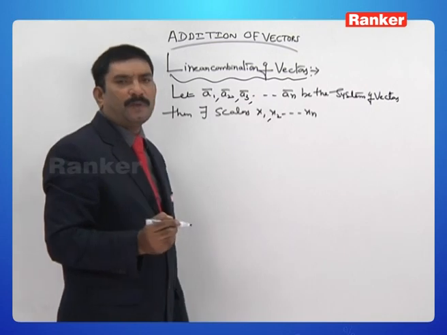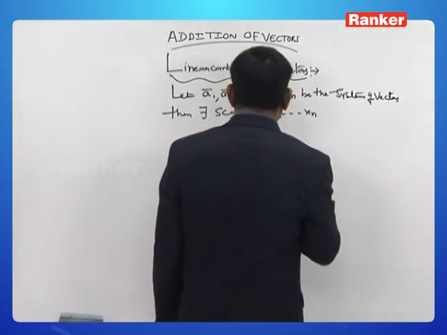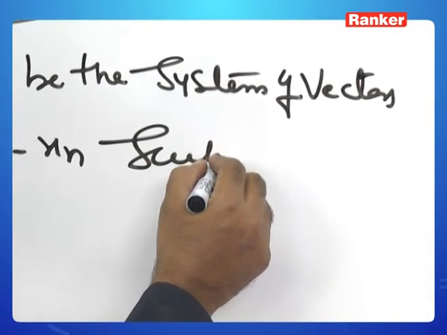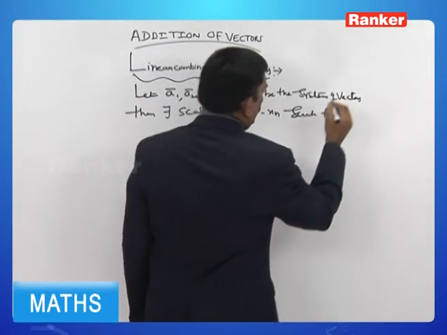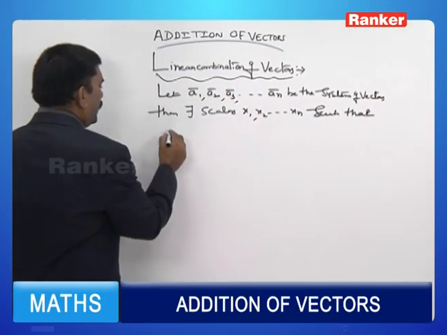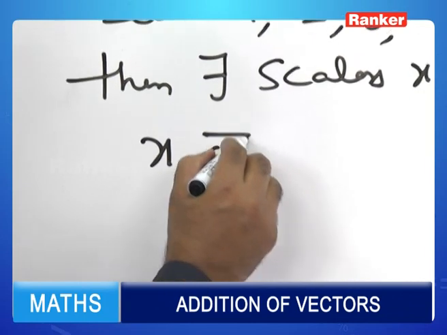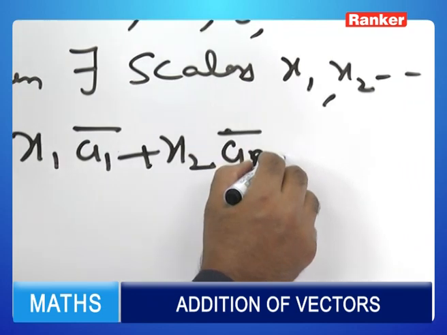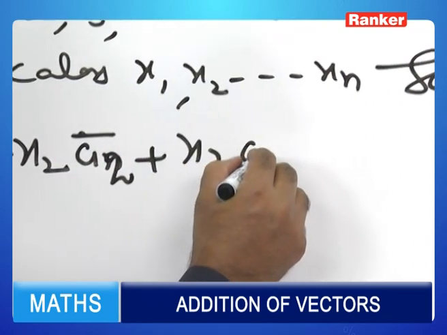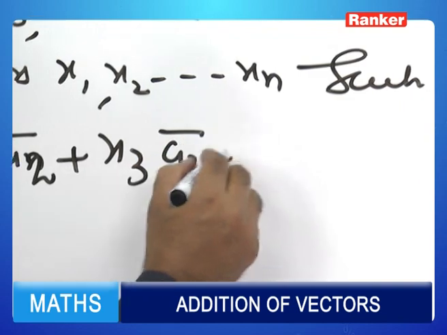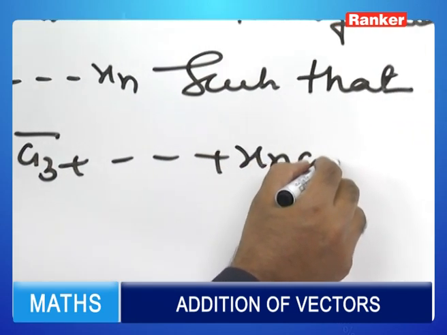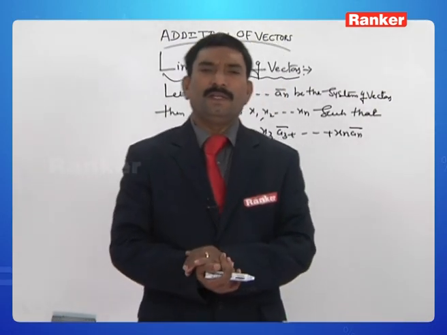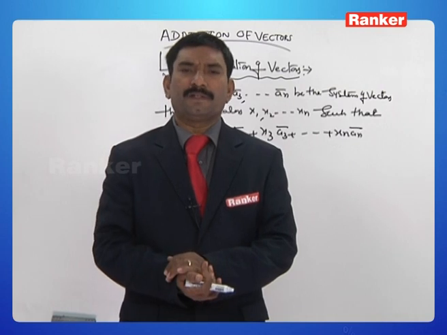There exist scalars x1, x2 and so on, xn such that x1 into a1 bar, x2 into a2 bar, x3 into a3 bar, and so on, xn into an bar.